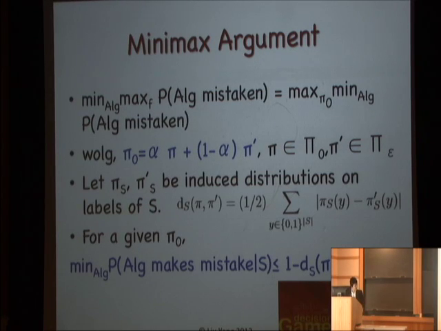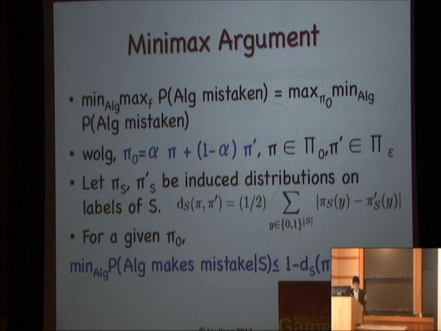So we fix pi 0, which is picked by the adversary. For a set S of unlabeled examples, we let pi S and pi prime S denote the induced distributions over labels of those examples. Then we let d_S(pi, pi prime) denote the total variation distance between these two induced distributions.